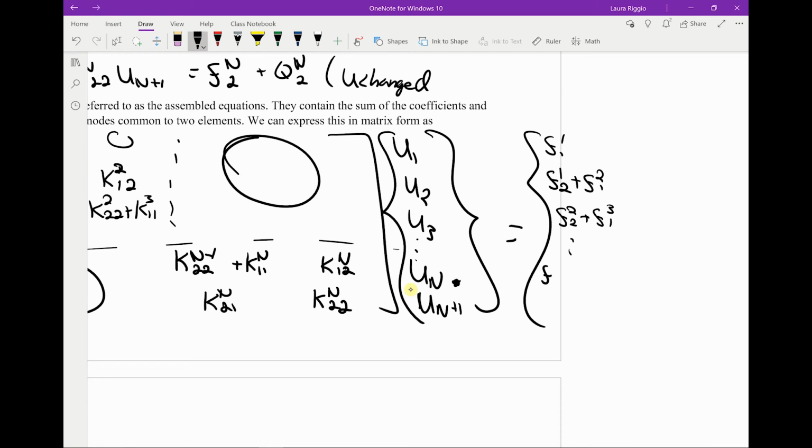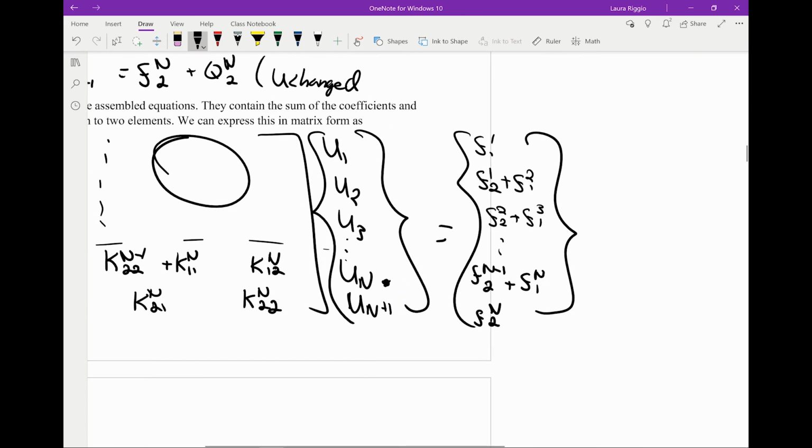And this is how any system of linear equations is going to assemble. So you don't have to do all that wacky algebra again. If you are using linear elements, this is what you're going to get.